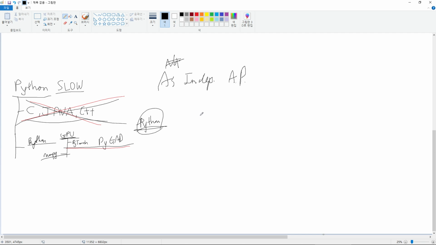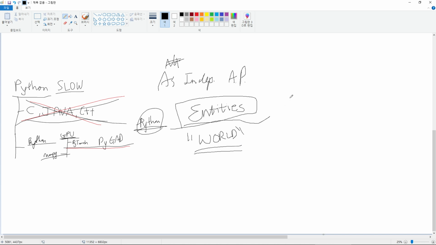Because somehow if I do create a successful population of entities, successfully just manage to make a world, I don't want the entities to be confined.